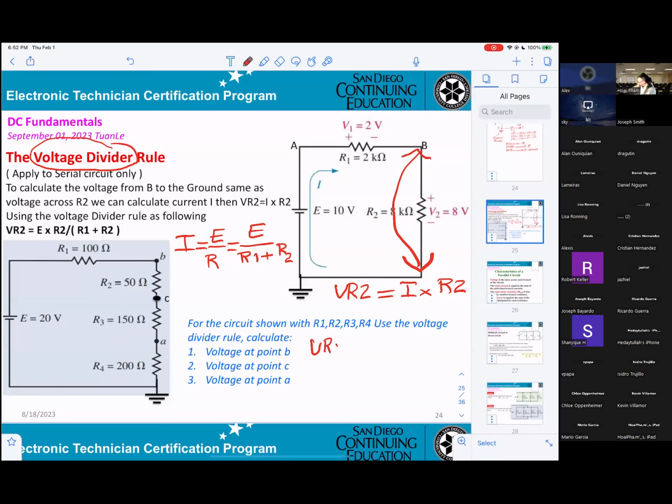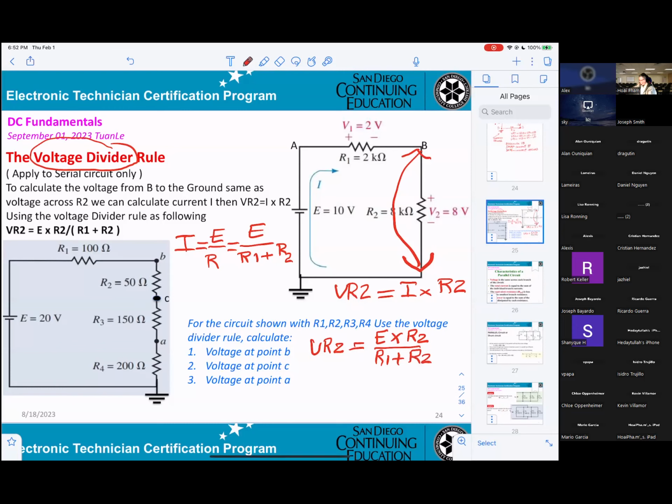VR2 equals E times R2 divided by R1 plus R2.